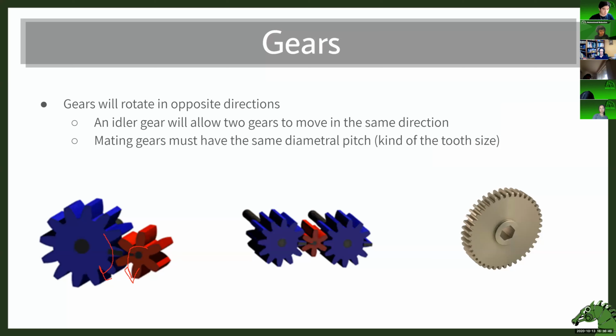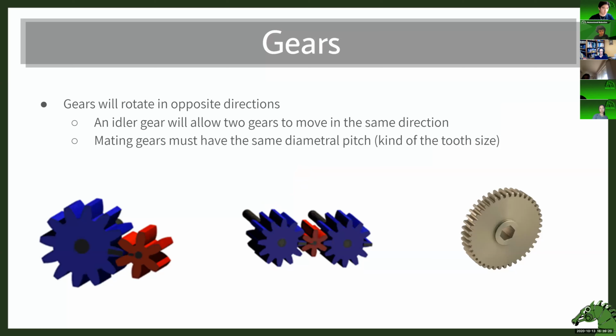Imagine if this is moving clockwise, this will move counterclockwise, which means this will move clockwise. And would you look at that? These two are moving clockwise. You can think of it as odd and even: any even number of gears will move opposite, and an odd number will move the same direction.